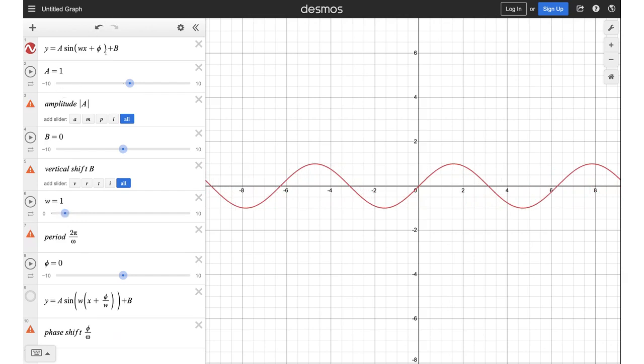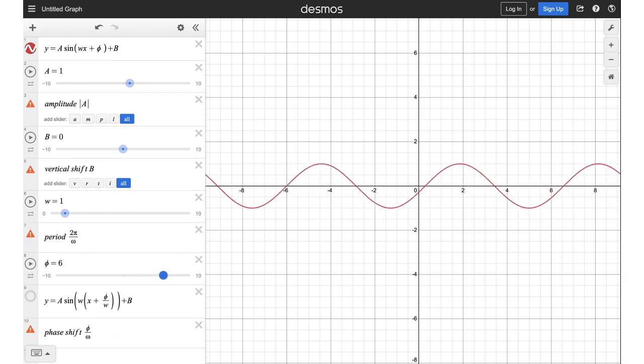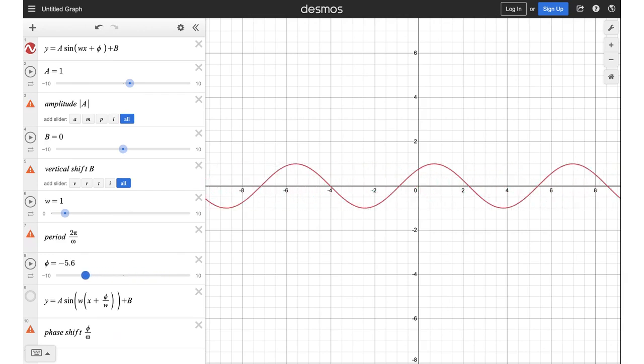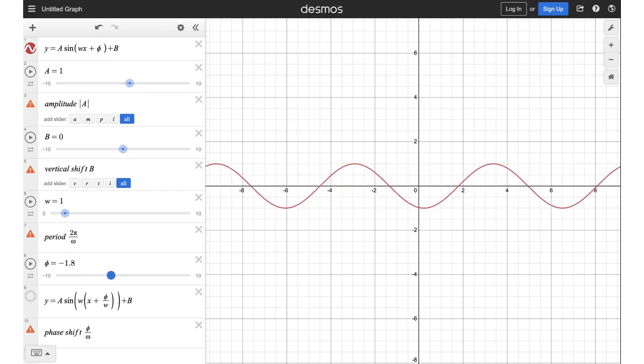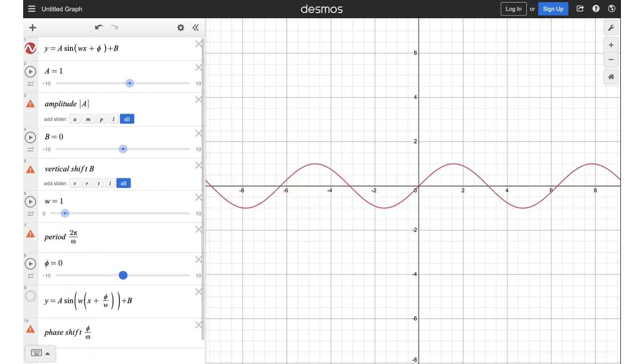Phi is a horizontal shift. If phi is positive, we're shifting left. If phi is negative, we're shifting right. Phi is intimately tied into omega.